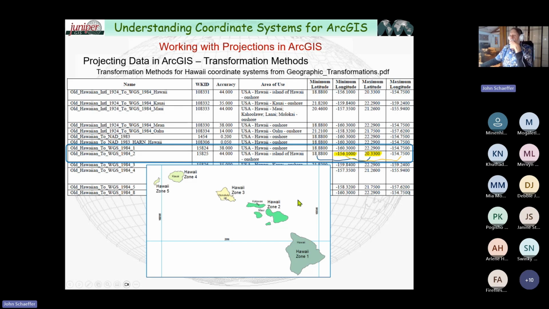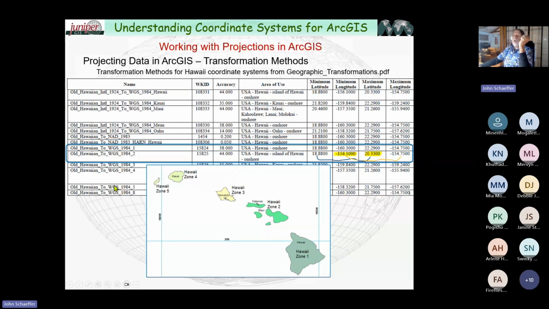Okay, so I was working over in Hawaii. This is one of the American states, about 3,000 miles off the West Coast. I'm working on the island of Hawaii, in the state of Hawaii.